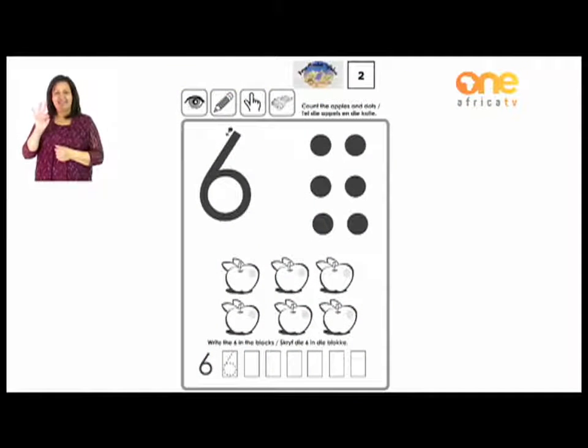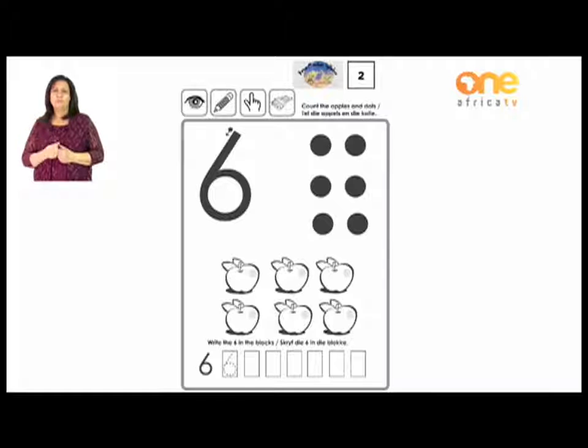Let's look and see what is on page 9. We can see there is number 6. And on number 6, it shows us exactly how we are supposed to write number 6. But before we continue with writing, let's count the number of dots that we can see.